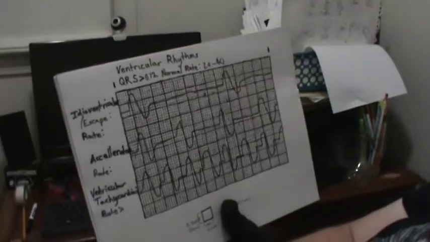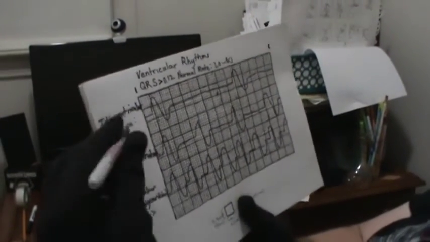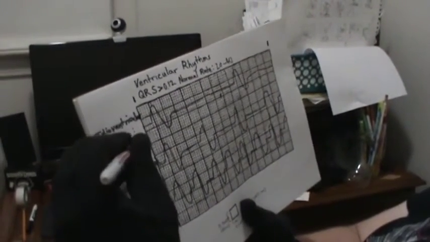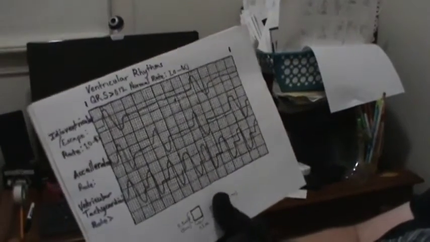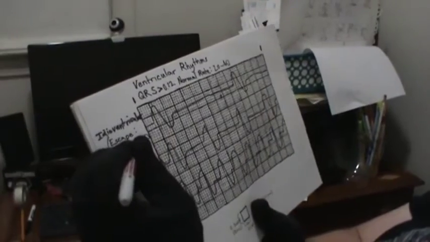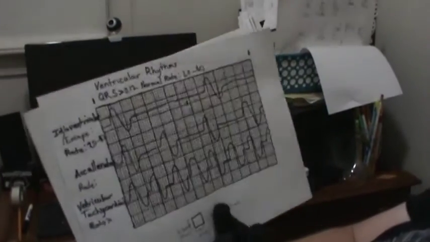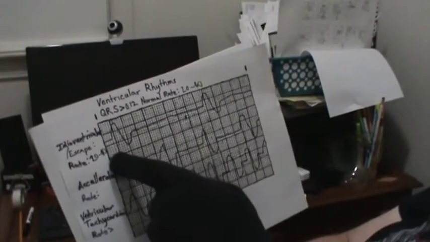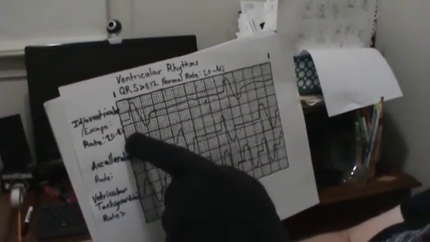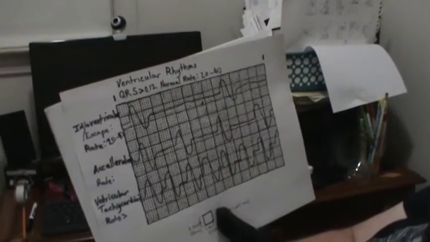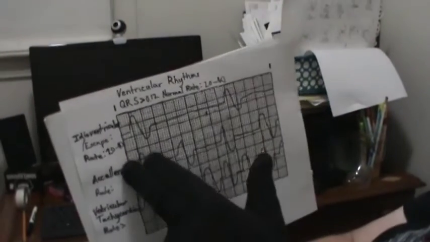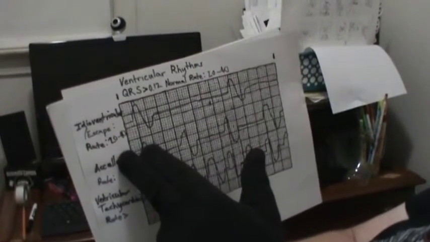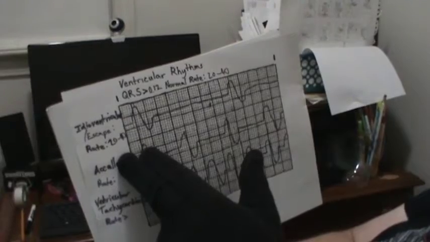Now, this 20 to 40 beats per minute is also known as an idioventricular escape rhythm. So over here, the standard rate is going to be 20 to 40, and it can also be called an idioventricular escape rhythm. Typically, this rate and this rhythm will be seen post-cardiac arrest and is not conducive to long-term survival. So if you see something that is this slow, you'll have to resort to something like pacing or atropine to try to speed up the heart.